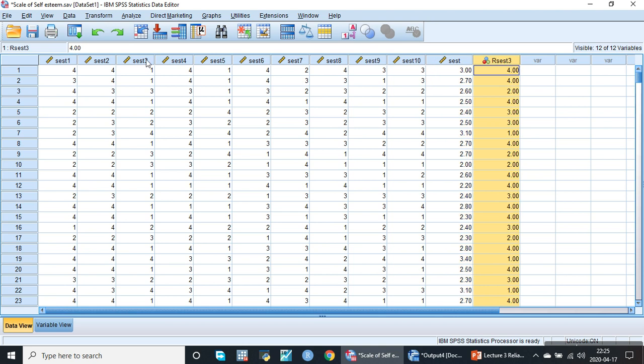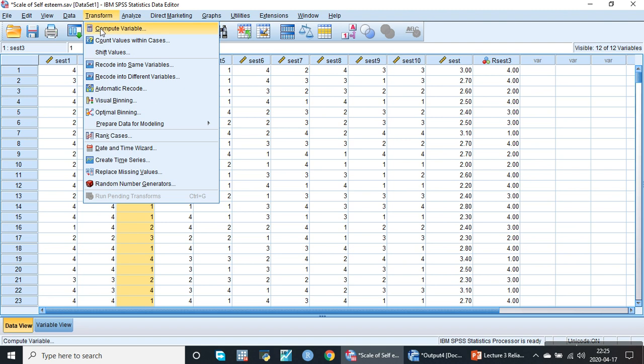We have corrected this question, and further we will use this reverse self-esteem instead of question 3 self-esteem. Then one by one we will correct the rest: question 5, question 7, question 9, question 10.